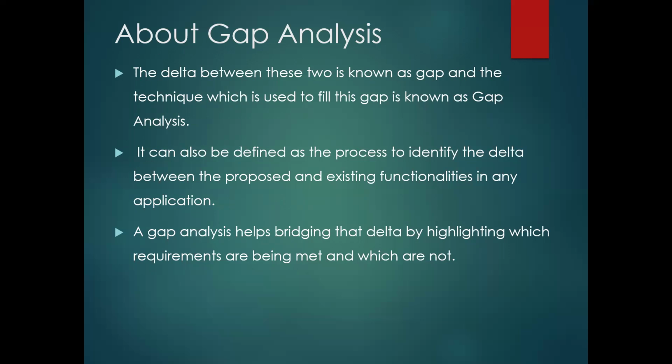We need to mention it somewhere in the document and get it approved by our business, saying these are the functionalities that we are going to implement in the new system. When we perform the gap analysis, we identify the new features that we need to develop. The documentation that you prepare for the delta is called the gap analysis report.